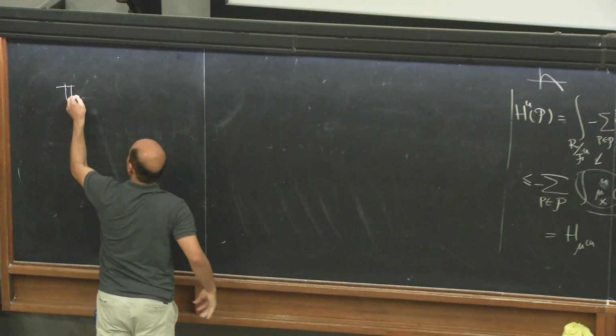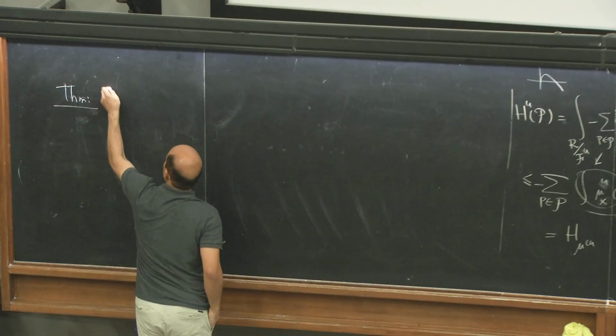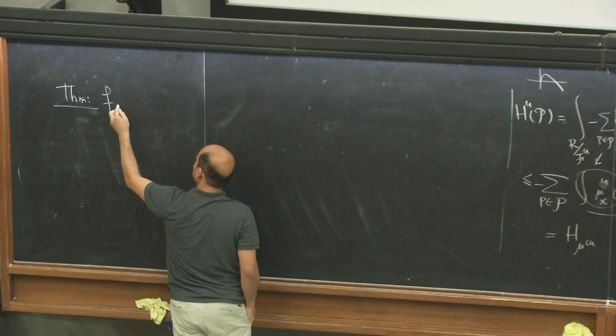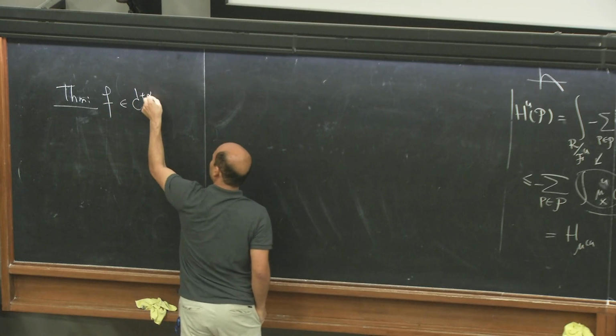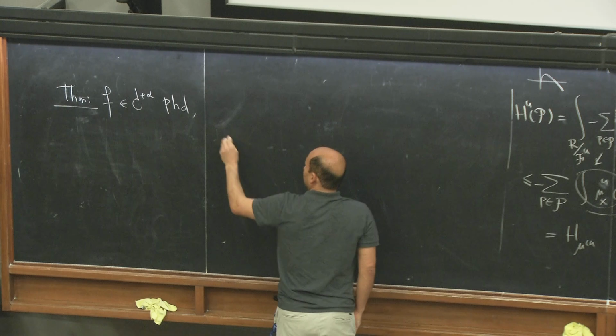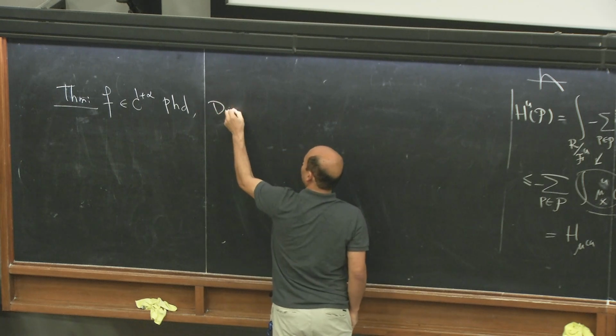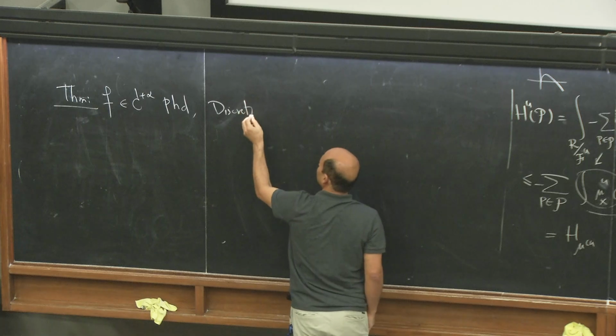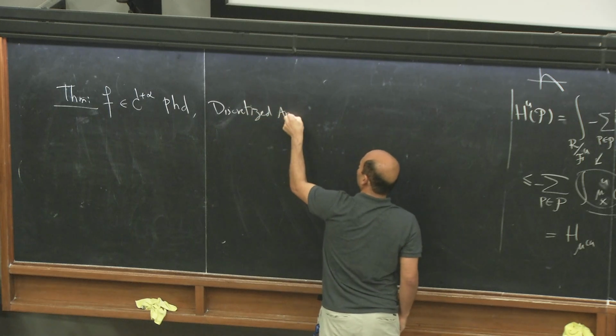So, theorem. Suppose that F belongs to C1 plus alpha, partially hyperbolic dynamics, and it is a discretized Anosov flow.